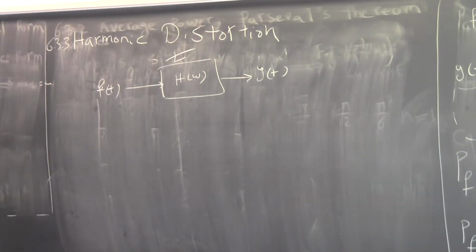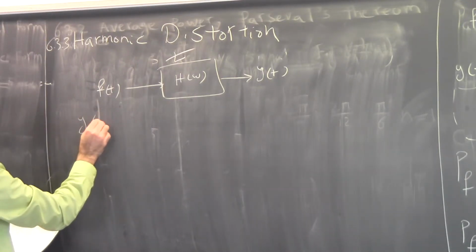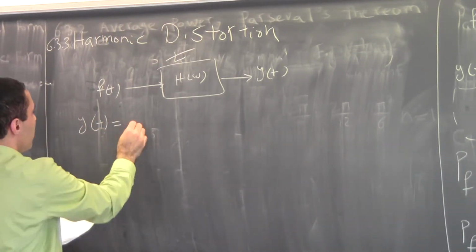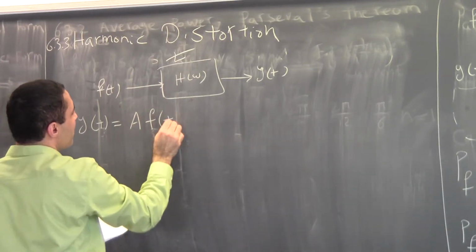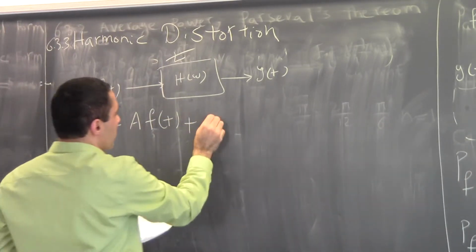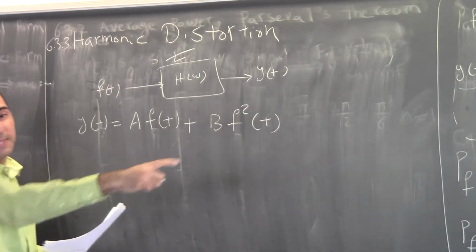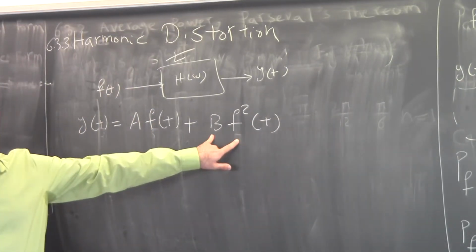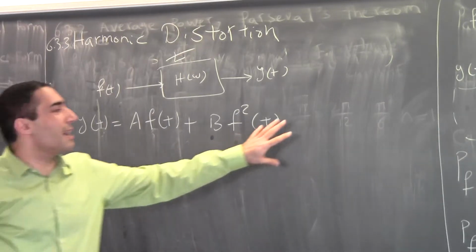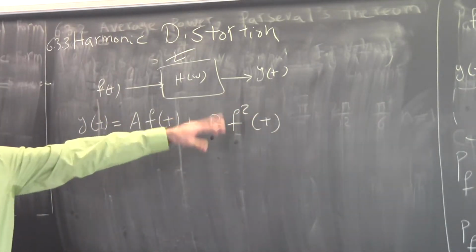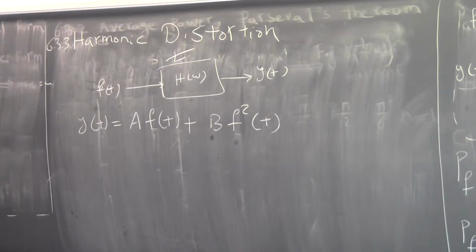If the system is not linear, your y(t) is not going to be only a coefficient multiplied by f(t), but also it's going to have many other terms. I just keep this term to make it simple. But it's going to have a lot more: 3, 4, 5, 6, 7, 8, more.